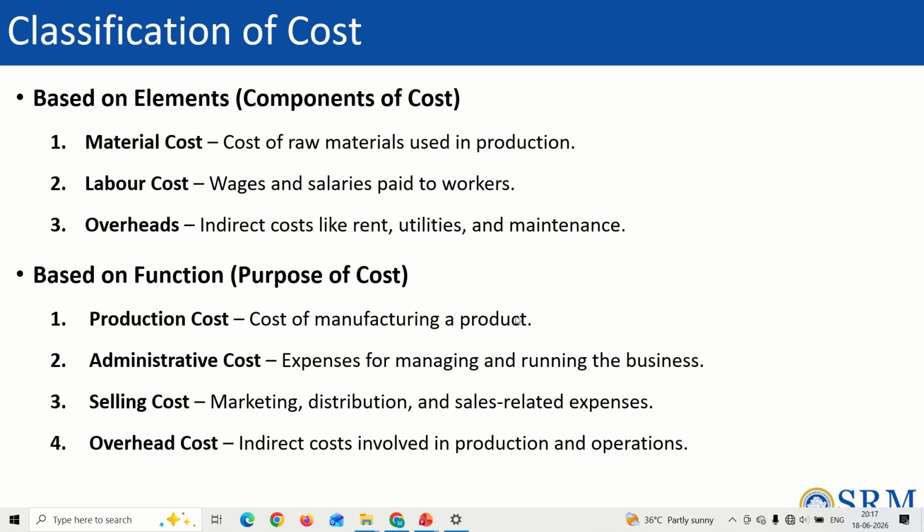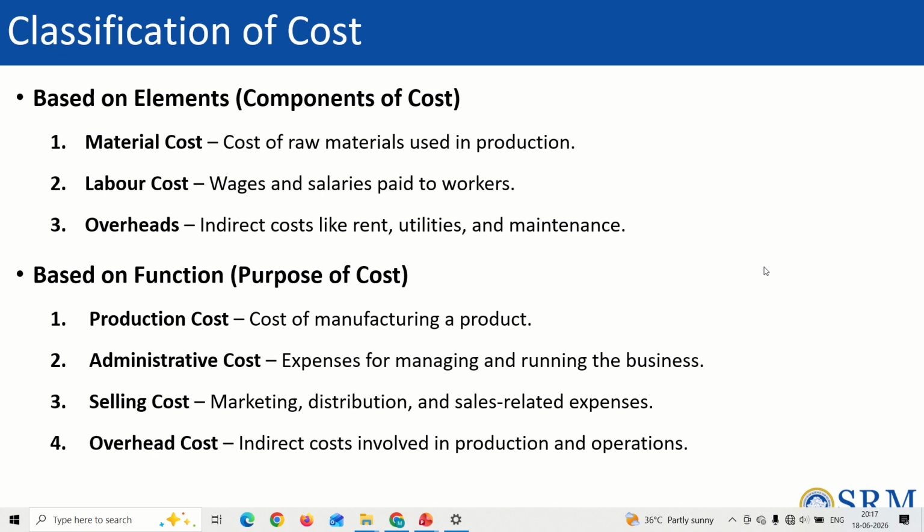Then classification of cost. Now let us discuss how costs are classified. We can categorize cost based on several viewpoints. Based on elements, this divides cost into material, labor and overheads. Based on the function, this looks at the purpose, distinguishing between production cost, administrative cost and selling or marketing costs.